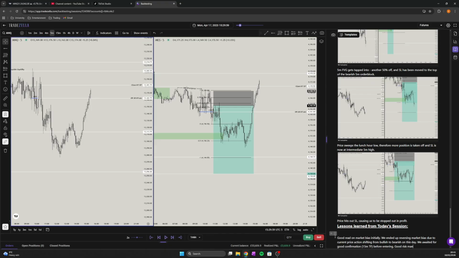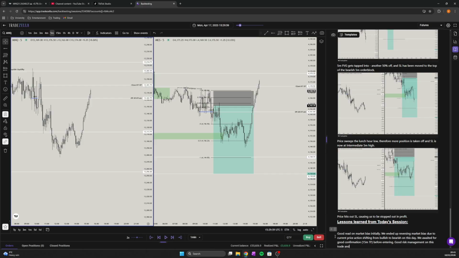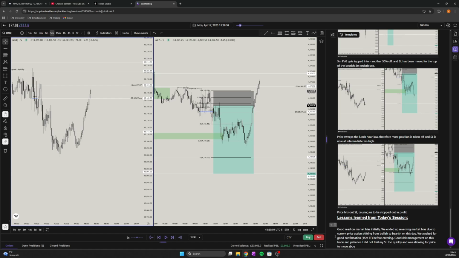Good risk management on this trade and patience. I did not trail my stop loss too quickly and was allowing for price to move about. Anything else?